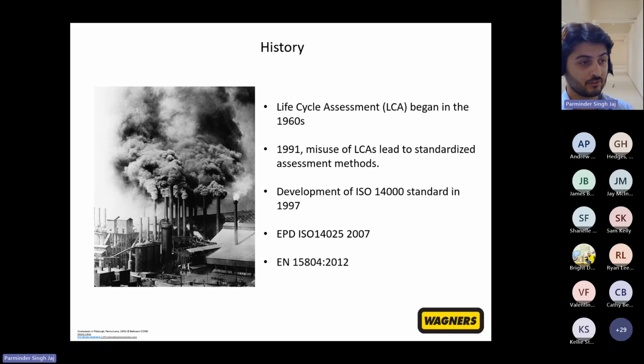So in the late 1900s, the first ISO standard, which is 14000, was developed, and later, especially for EPDs, ISO 14025 was developed, and European norm 15804, which is specially for construction, was also designed. So that's how the LCA assessment came into existence.